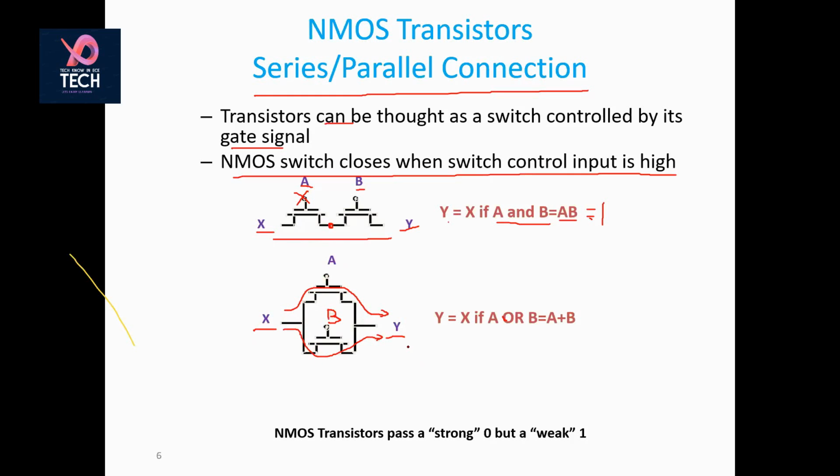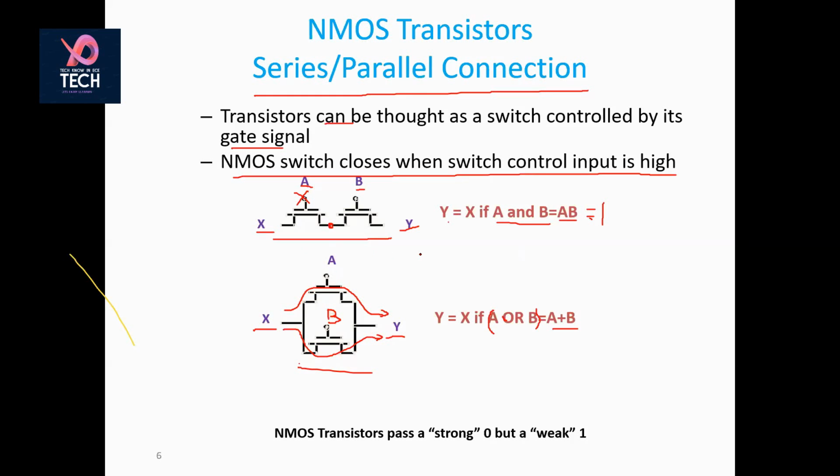So your output is 0 if and only if both the gates are off, or we can say A is equal to B is equal to 0. So this can be written as A or B. This is your OR operation, and the series connection is your AND operation.